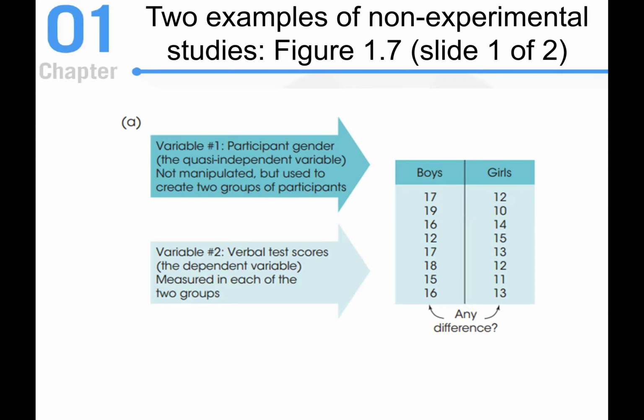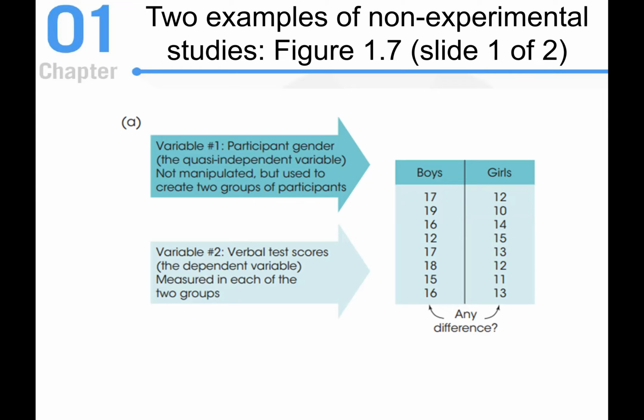I don't control for that. If my groups are comparing people on that kind of individual difference, be it gender or race or ethnicity, then what I have is a non-experimental study where once somebody comes to the study, I put them into the category that they already belong in.